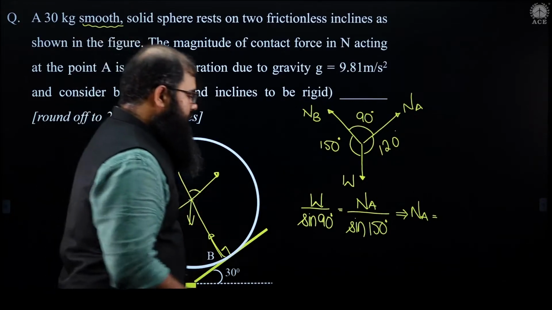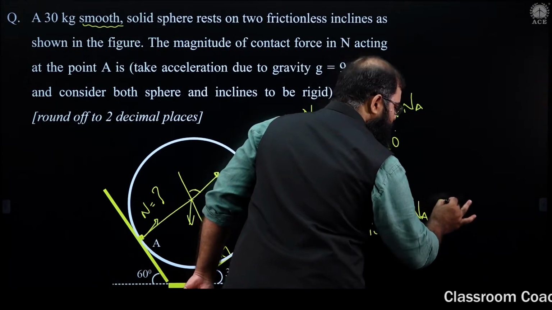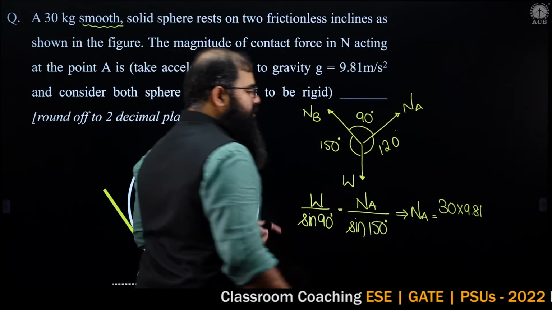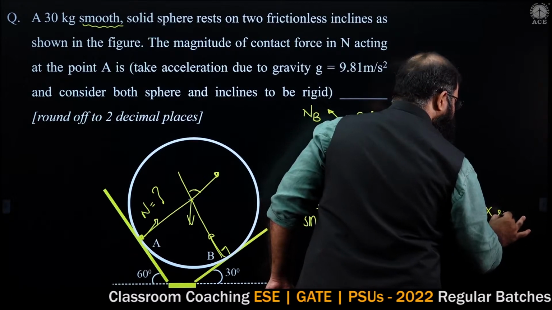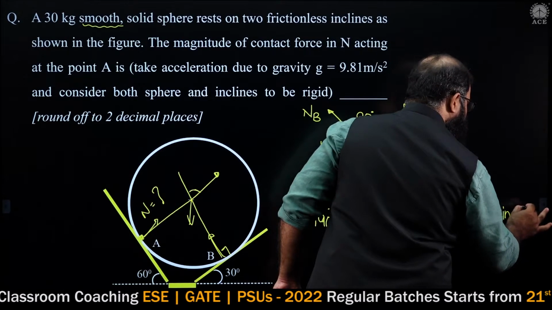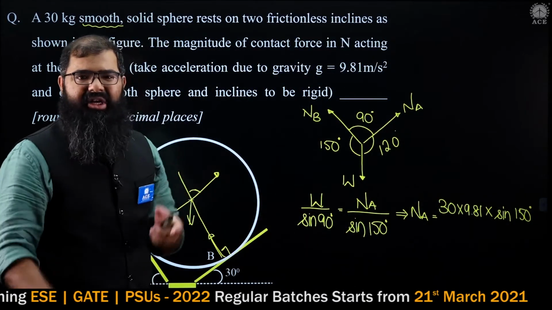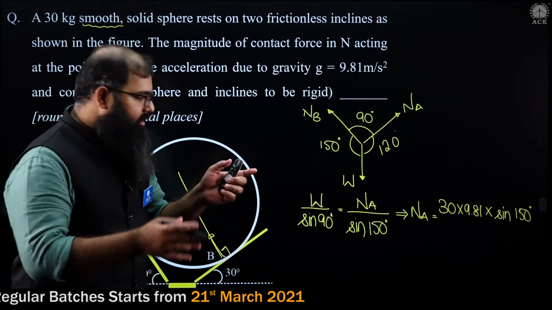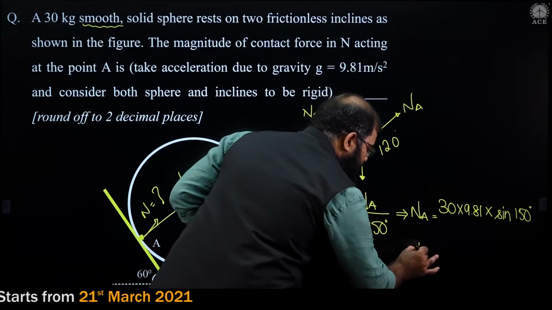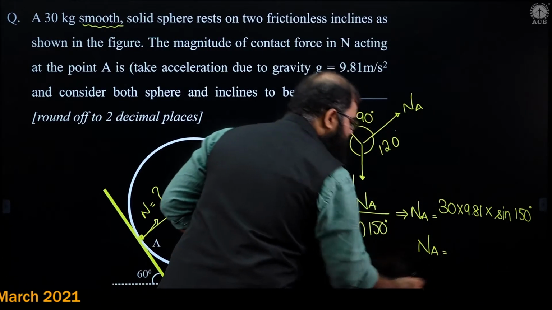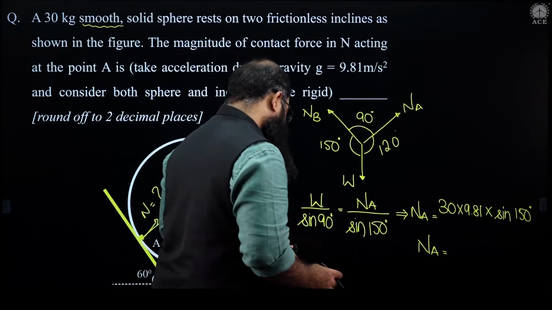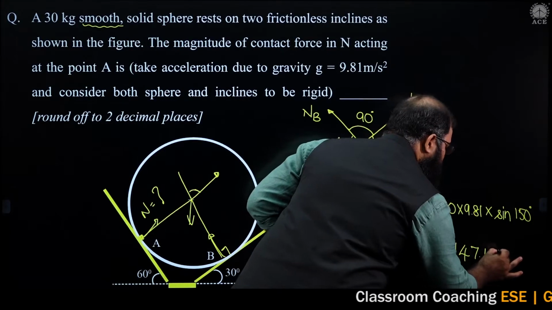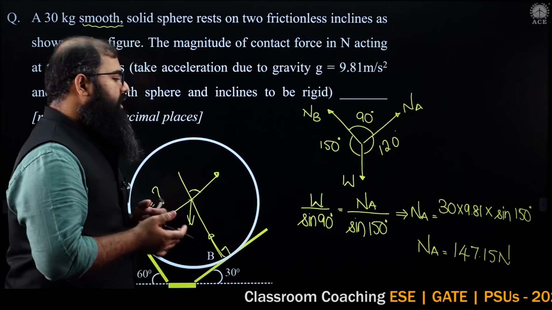Mass is 30, so 30 into 9.81, multiplied by sine 150 degrees, divided by sine 90. Sine 90 all of us know is equal to 1, so there is no need of mentioning dividing by sine 90. This would be the answer. Now if you calculate this in your calculators, you are going to get the value of NA as 147.15 newtons. This would be the answer for your question.